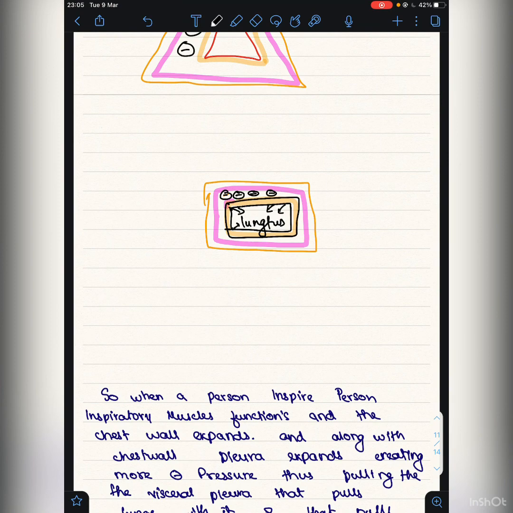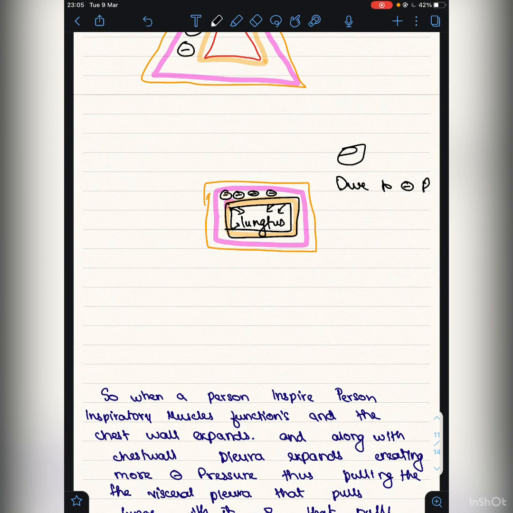So the lungs are not collapsed. That's the thing: due to negative pressure in the pleural cavity, the lungs don't collapse, and the chest wall prevents the collapsing of the lung.